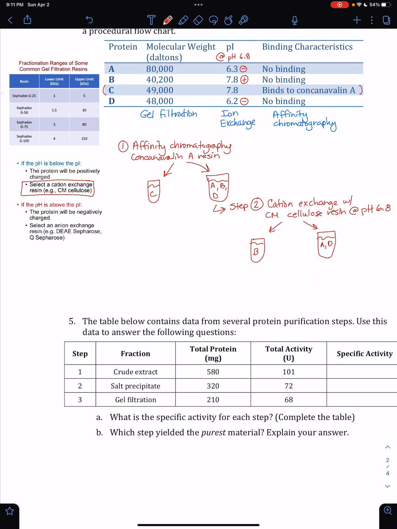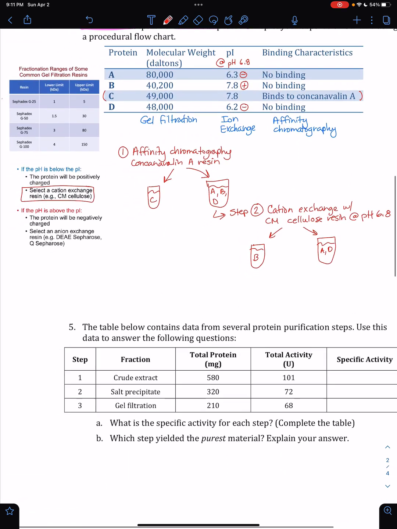Now my last step will be a separation of A and D, which are 80,000 daltons and 48,000 daltons.